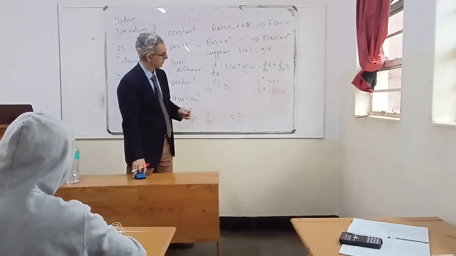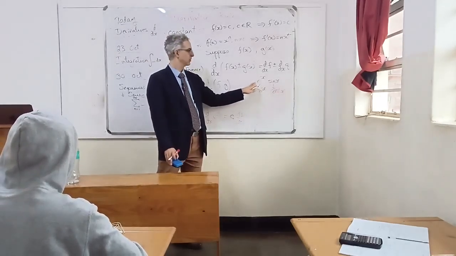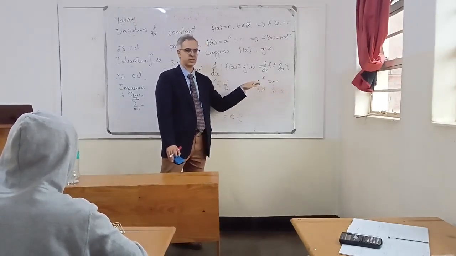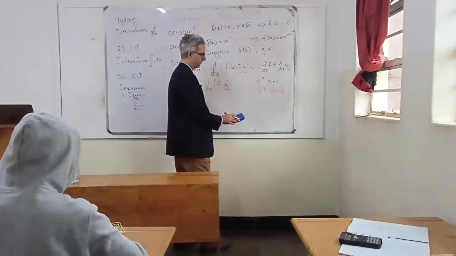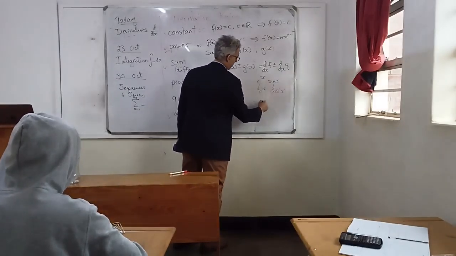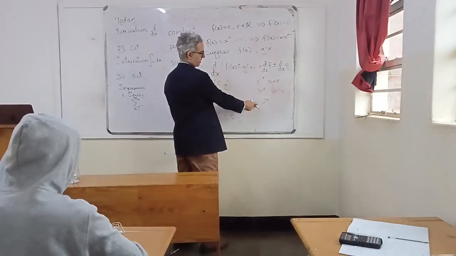So, I'm only showing this as an example of a function where we don't know what this combination is, but we know what each of them separately is. I could do it also with x times e to the x. I know the derivative of x.